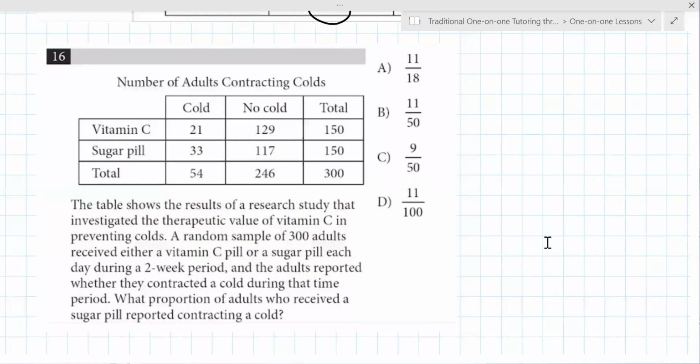All right, so the number of people who got the cold is in the first column here. No cold is in the second column. And the rows, they suggest that they took vitamin C or a sugar pill.